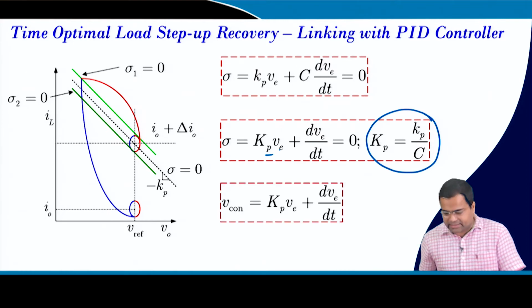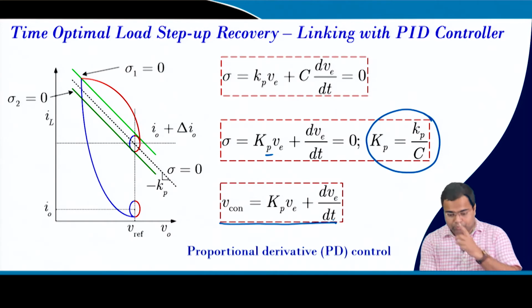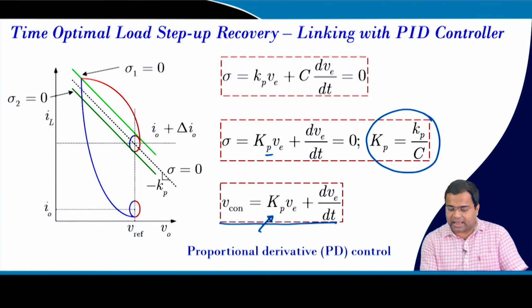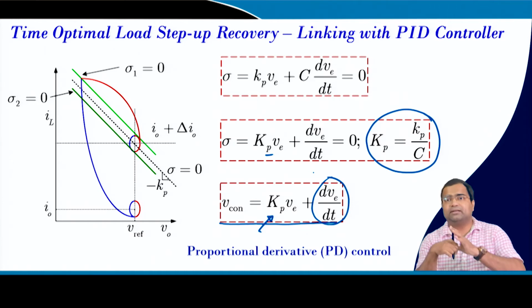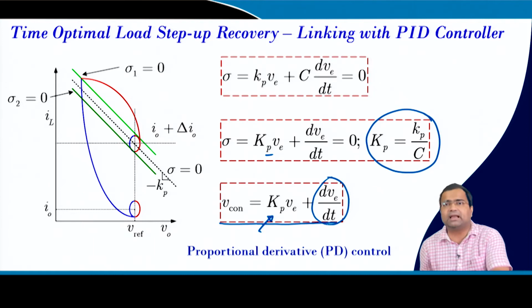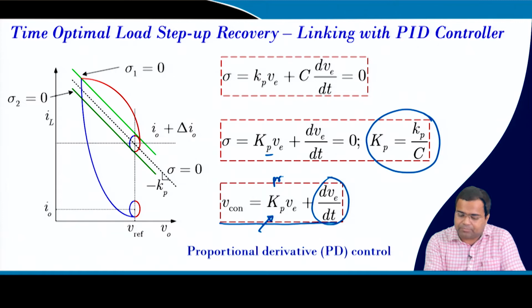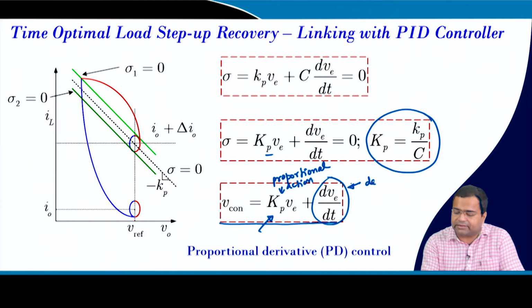So, it will look like a control voltage, the switching surface, like voltage mode control. It is a PD controller: proportional controller gain, and the derivative gain is unity because we have normalized it. So, this part is our proportional action, and this part is our derivative action.